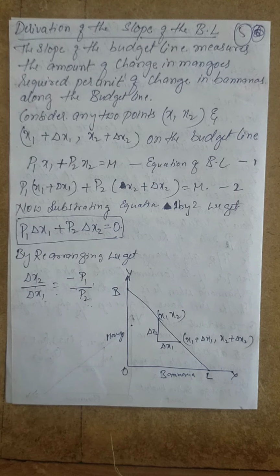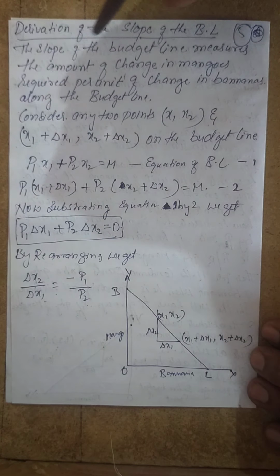With respect to the budget set, we saw the budget line, which was a straight line. In the same fashion, now we are going to discuss the derivation of the slope of the budget line. So how is this slope of the budget line derived? Let us see. We'll start the session.